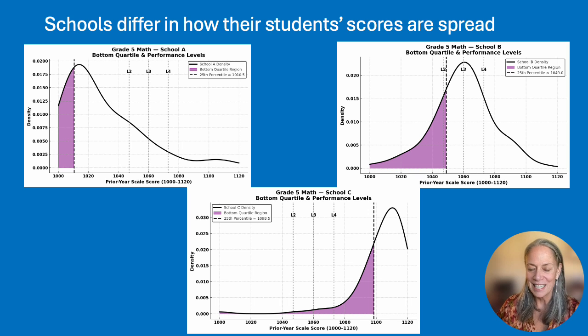This may not really exist in reality, but I wanted you all to see that the schools differ in how their student scores are spread. So the scores and the performance levels of your students and what scale score is at that 25th cut point is going to differ from, say, another school's if your scores are spread differently.